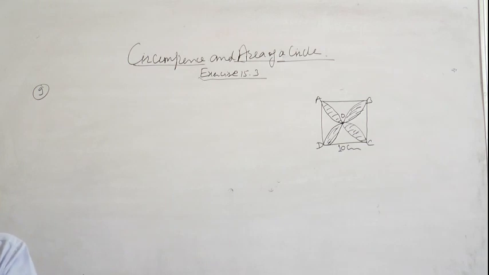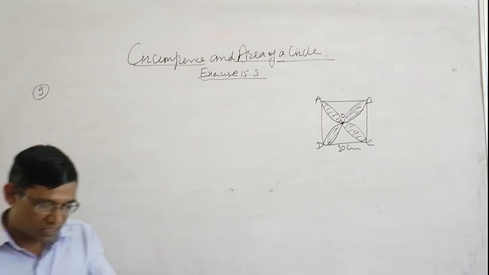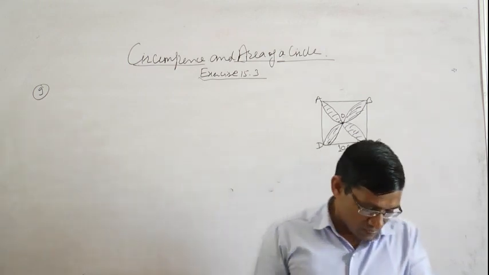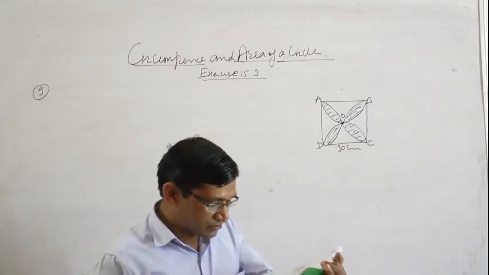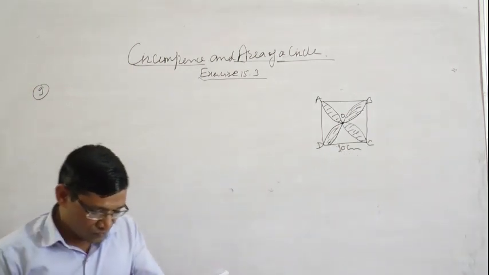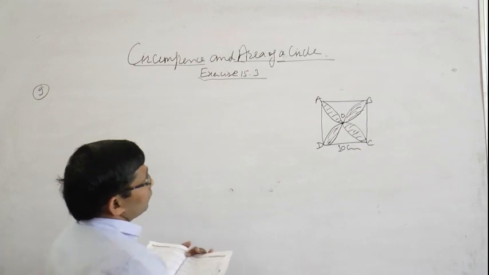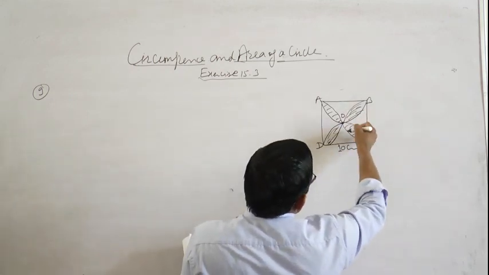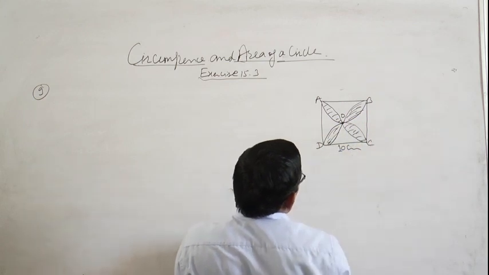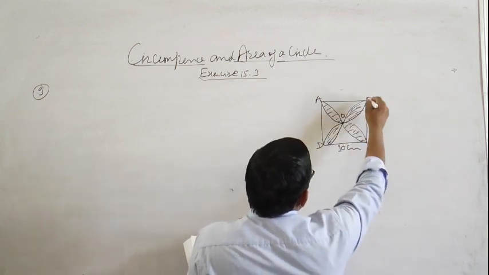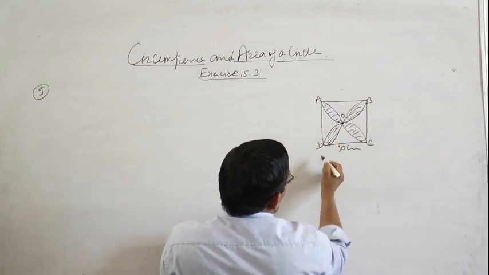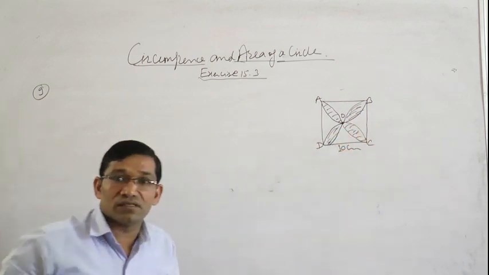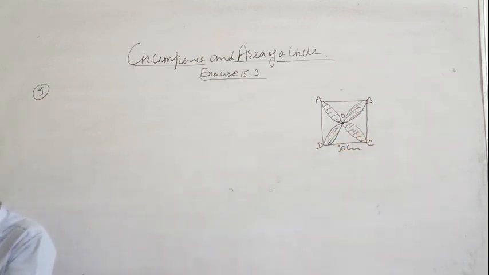On the sides of the square as the diameter, 4 semicircles are drawn. Suppose the first semicircle is BOC, then AOB, AOD and COD. These are the 4 semicircles.